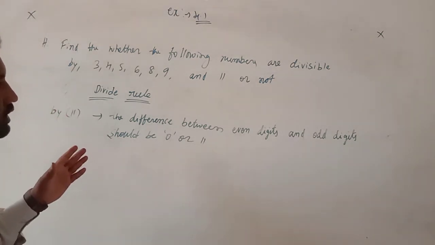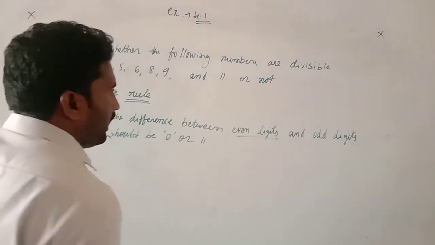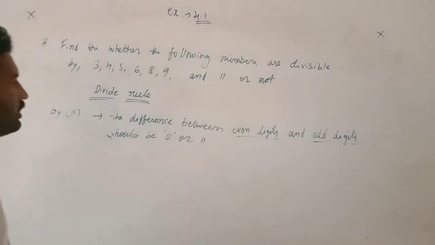So we have to see the sum of the even digits and the sum of the odd digits.